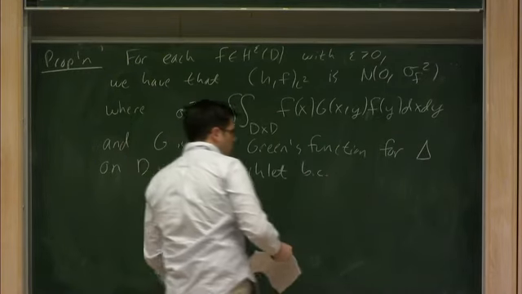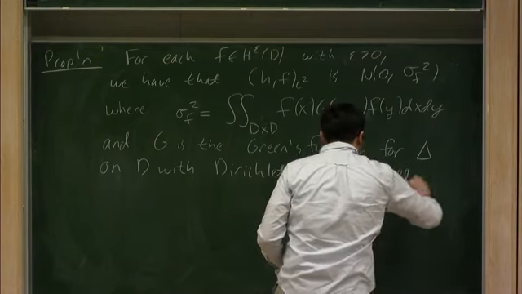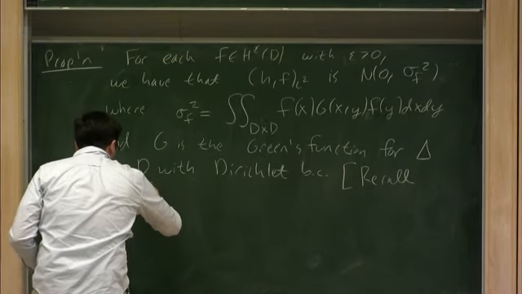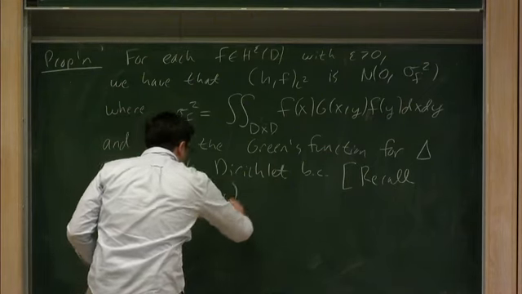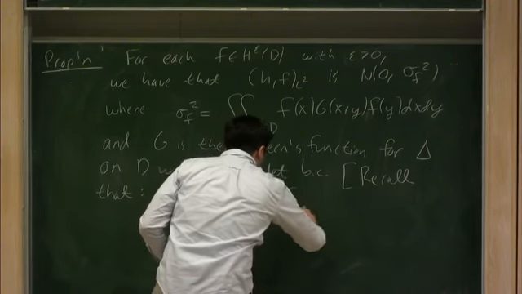So let me just remind you that the Green's function is characterized by two properties, namely number one, its Laplacian, let's say in the first variable, is given by minus 2 pi times the delta function at y.